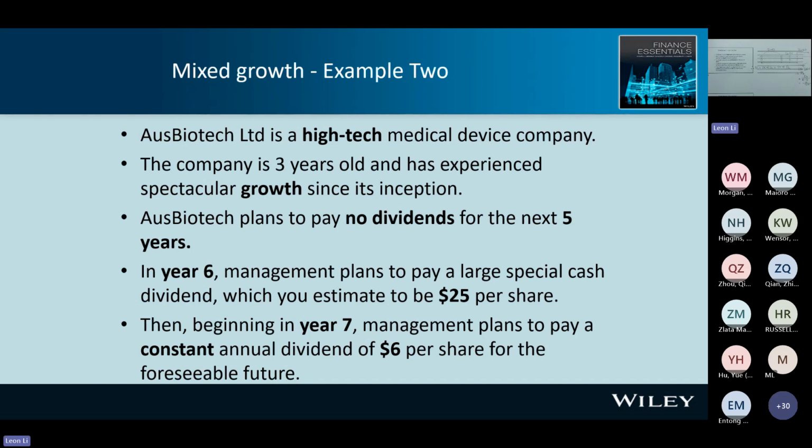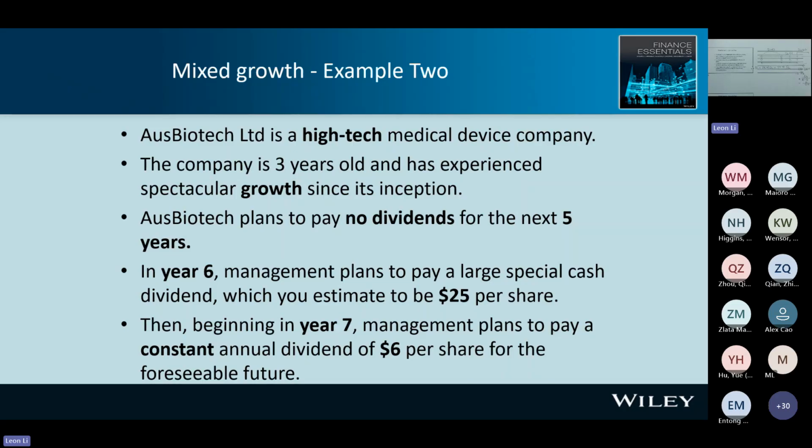This is our assumption, because in this example, we assume there's no dividend from now, for the next 5 years, including year 0.